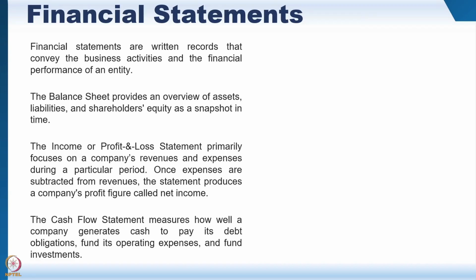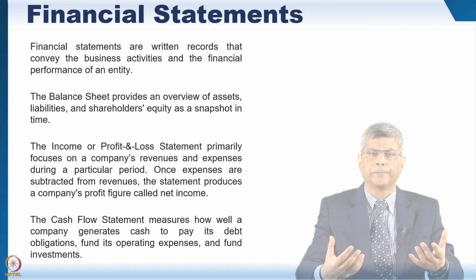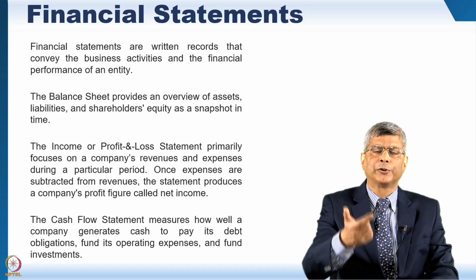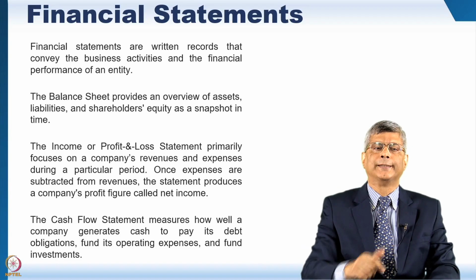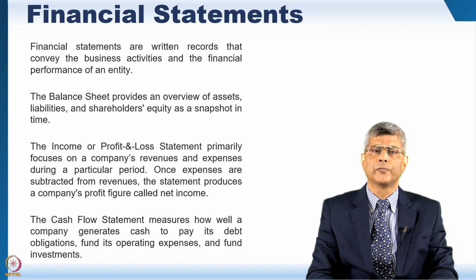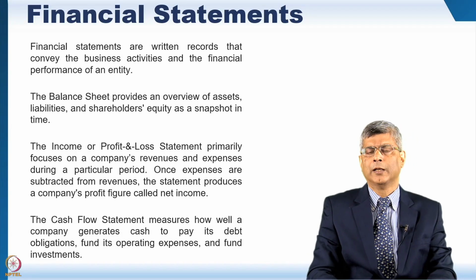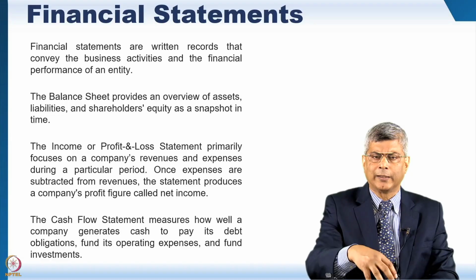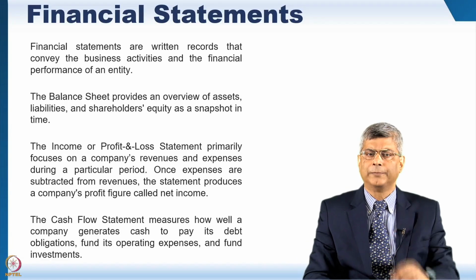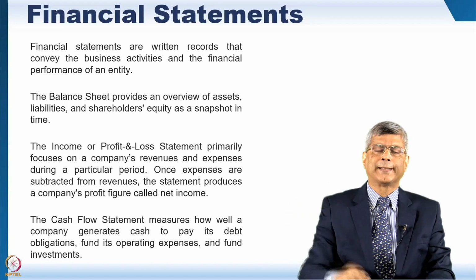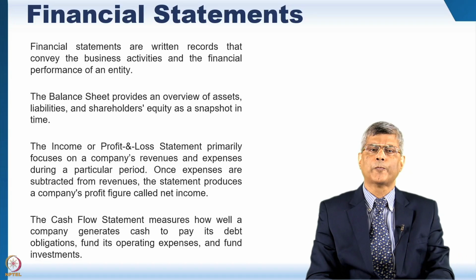Now, when you have all of these, in your personal life also, you may want to make some analysis. You may want to say, okay, my income is so much through salary or my business or whatever. I'm getting 100 rupees as salary. How much am I really spending?